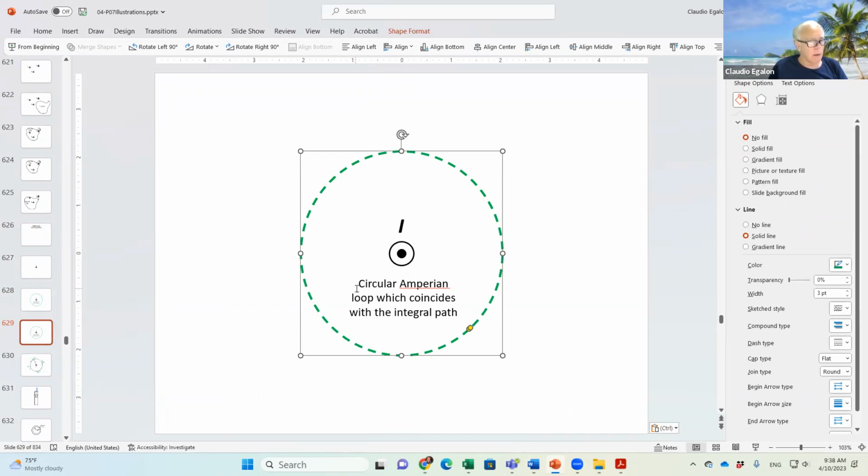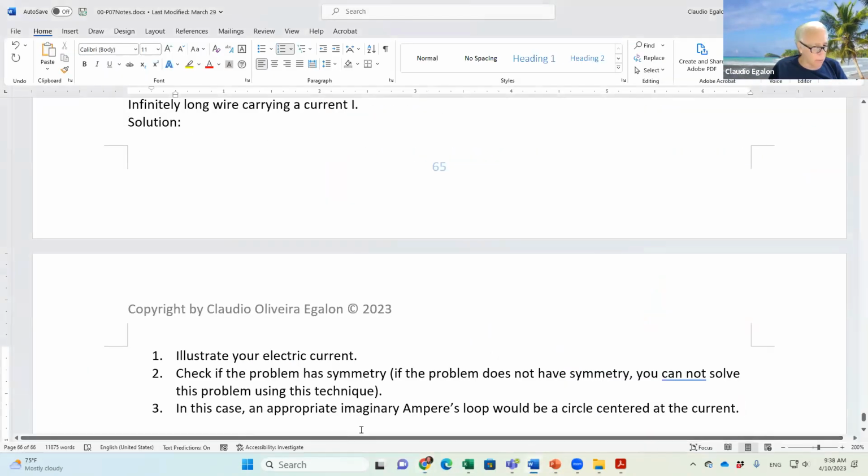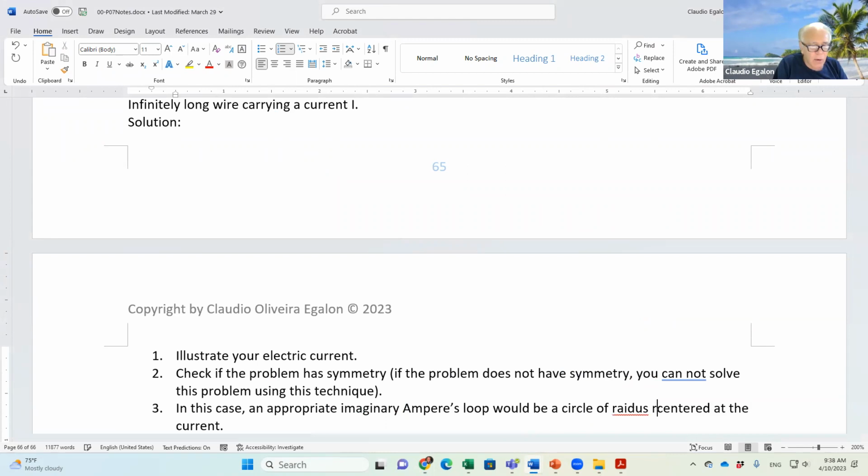See the appropriate loop, and I'm going to write that down: a circle of radius R, centered at the current.